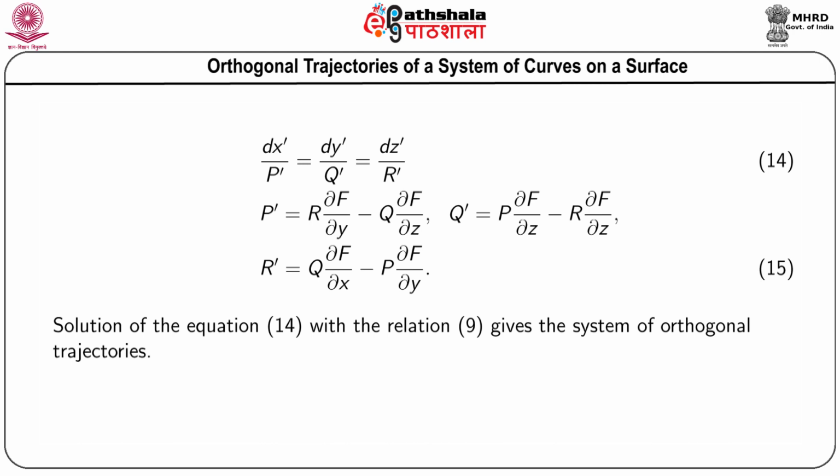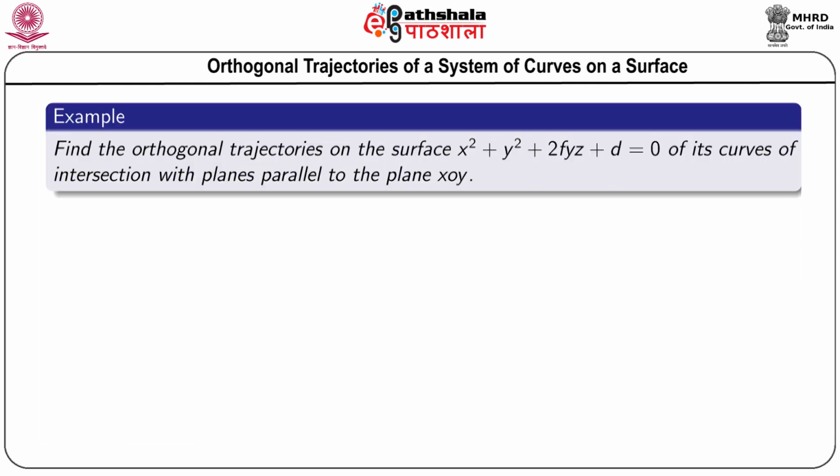Now, we have to solve equation number 12, that will give the system of orthogonal trajectories. Now, we shall take one example to visualize the thing more clearly.